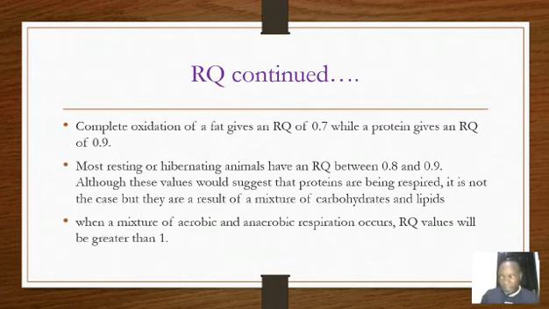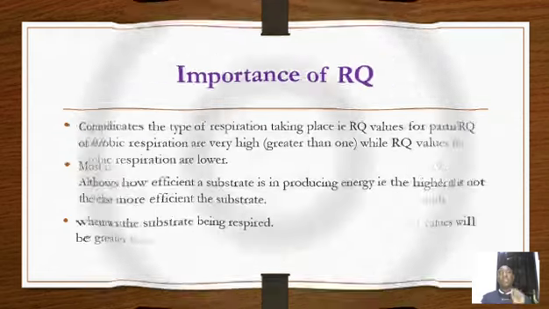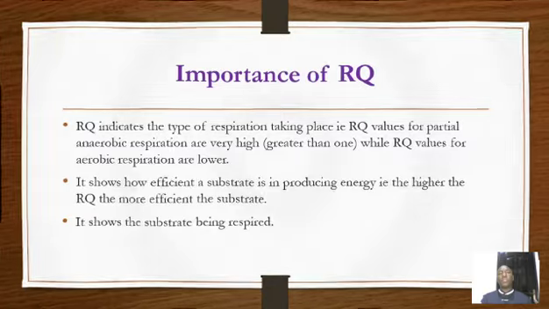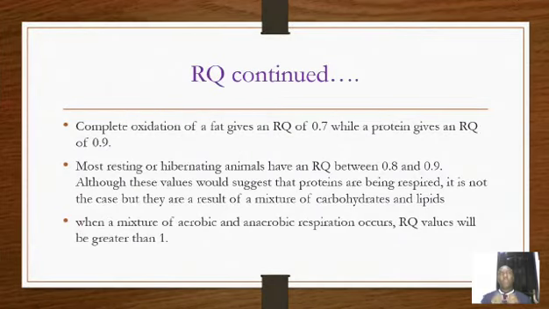In fact, we are going to see under the importance of RQ: why should we calculate RQ? What is the use of RQ? We are going to see that it indicates or shows the substrate, which food, is being respired. When we calculate and get an RQ of 1, that means carbohydrates, particularly glucose, is being respired.